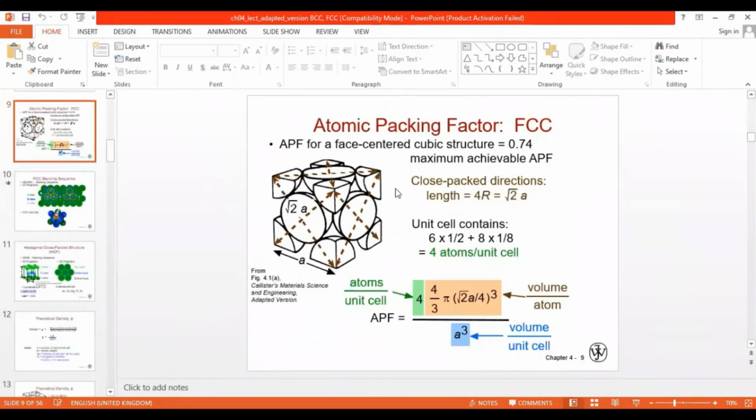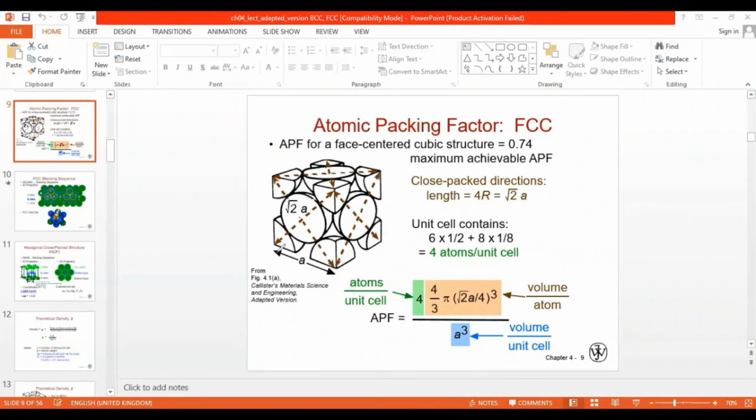Now we will see how to calculate the atomic packing factor, APF. I told you the equation: volume of atoms in a unit cell over volume of unit cell. Here we see the arrangement of the atoms in that particular unit cell: 6 faces and 8 corners.